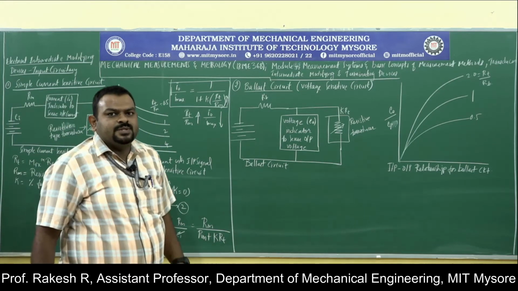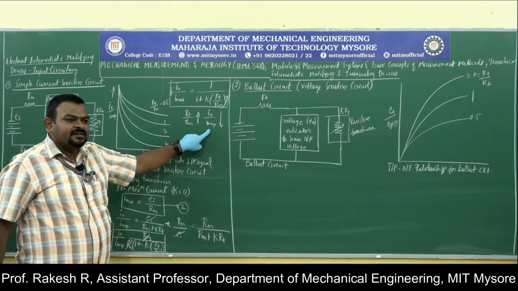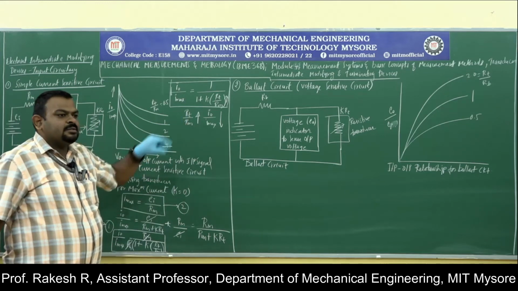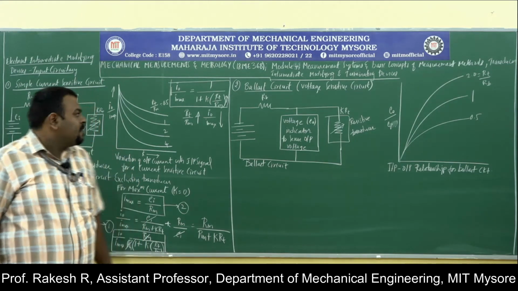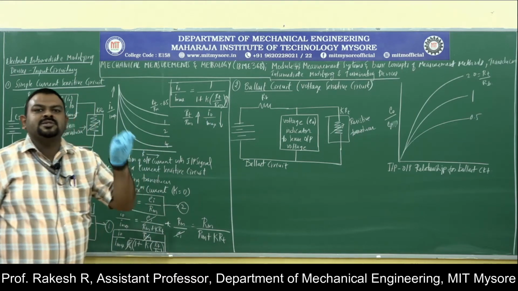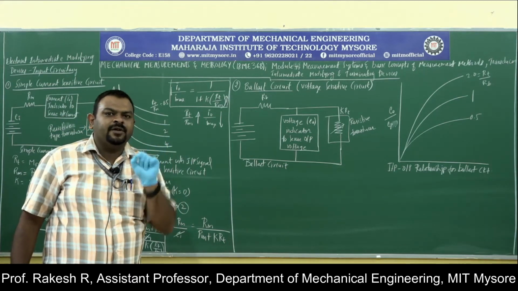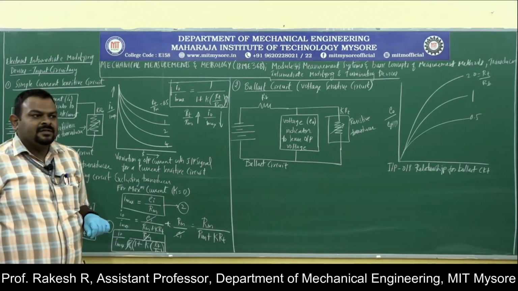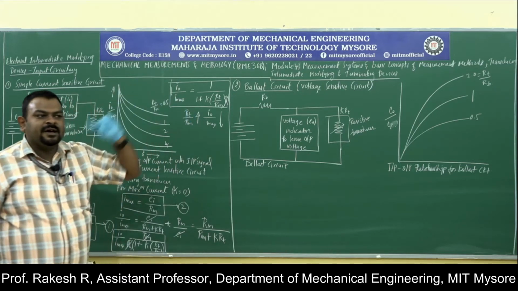What is the meaning of this? If you want a lower current, then the resistance selected should be very high. Whenever you want I naught by I max to be sensitive, meaning for a small variation in input the output will fluctuate, you need to select the value of RT by RM as high.